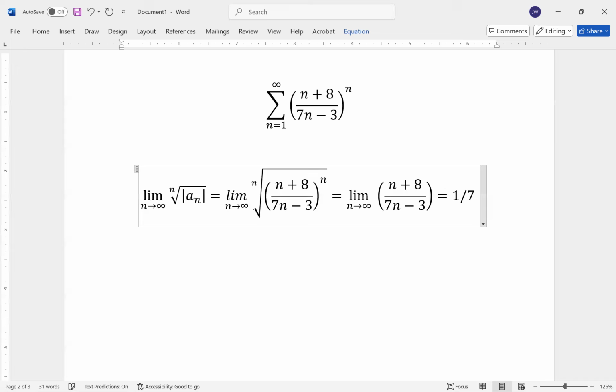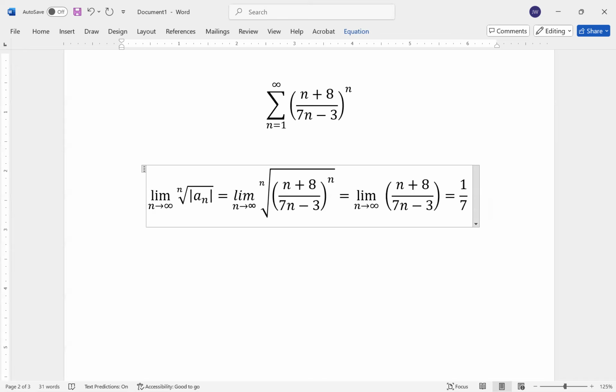It's pretty clear that that limit is 1/7 because both polynomials have the same degree, and I just take the coefficients of the lead terms. So 1/7 is what I get. This worked really nicely precisely because the nth root canceled out with that nth power.